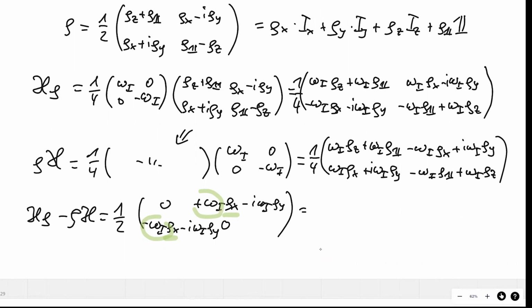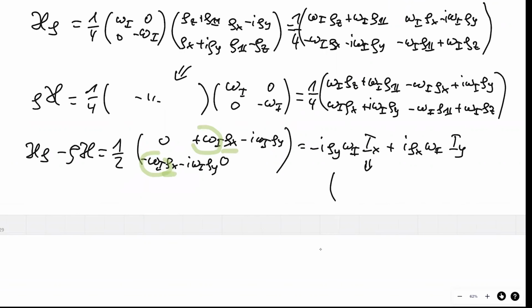While the other part here is rho y, it starts from y, but it has minus I omega I and minus I omega I, both the same prefactor here, which means it is a prefactor to the basis of Ix. So what we have then is minus I rho y omega I Ix plus I rho x omega I Iy.